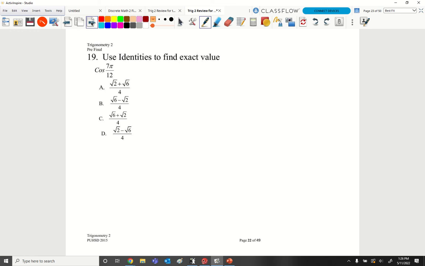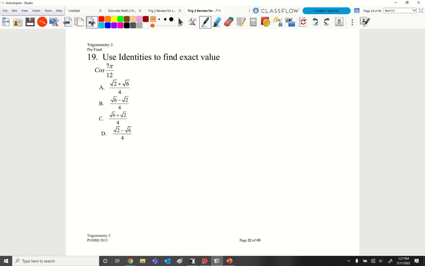The easiest way is to do it in the calculator. You just plug it in the calculator. Doing it by hand, I would first convert it to degrees and use known values on my unit circle to add up or subtract to get that. So I would use sum and difference identities to get my answer. And I highly recommend just plugging them in. So what's that going to be?